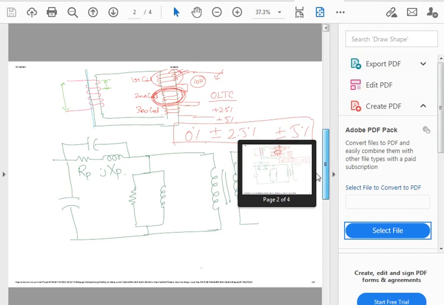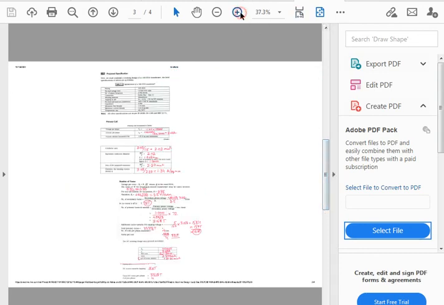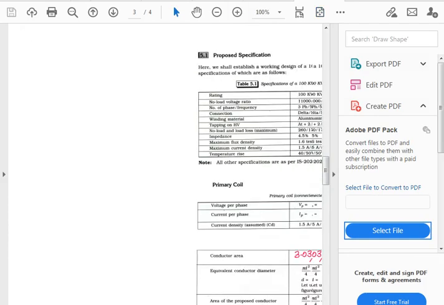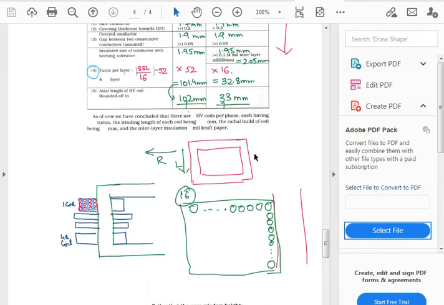In lecture number 5 we designed that high voltage, yes, this was the total one, the high voltage was designed.